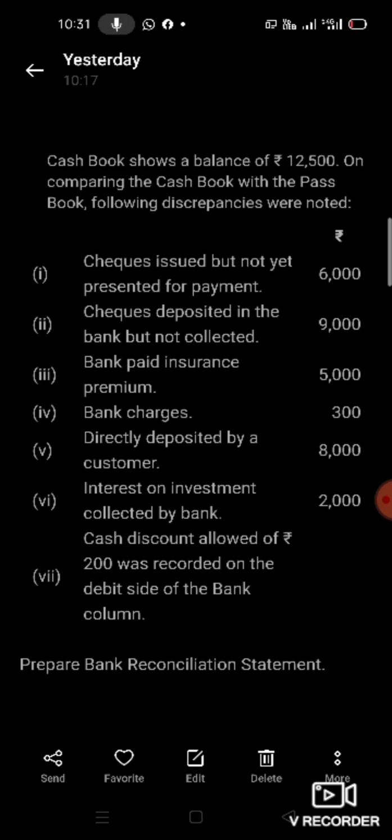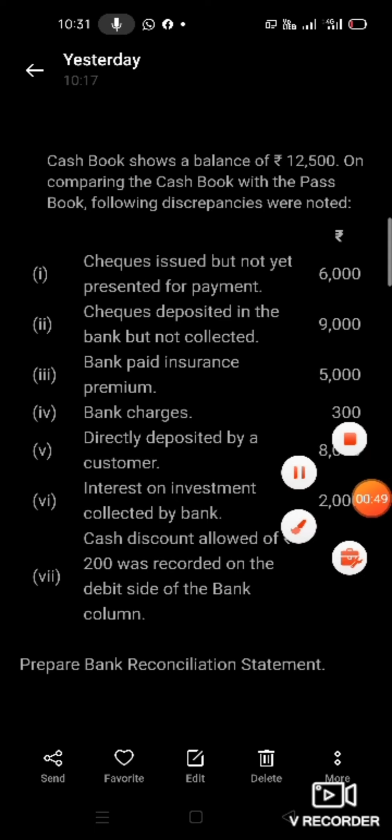Bank balance as per cash book, credit: unfavorable. Bank balance as per passbook, credit: favorable. Bank balance as per passbook, debit: unfavorable. This is the question based on favorable bank balance as per cash book.